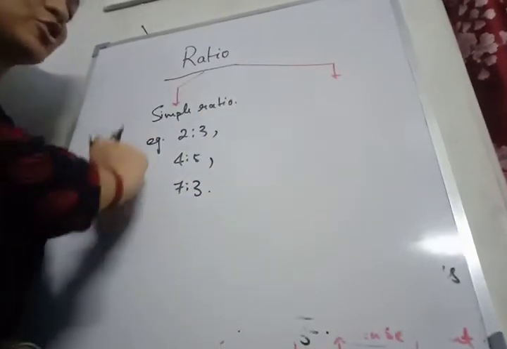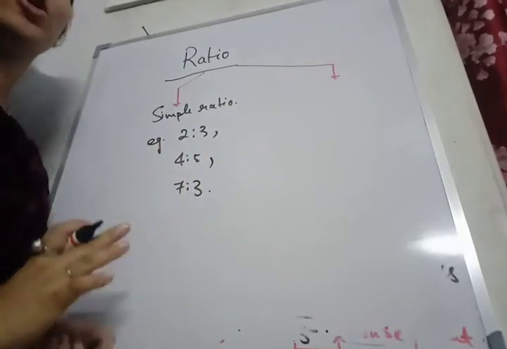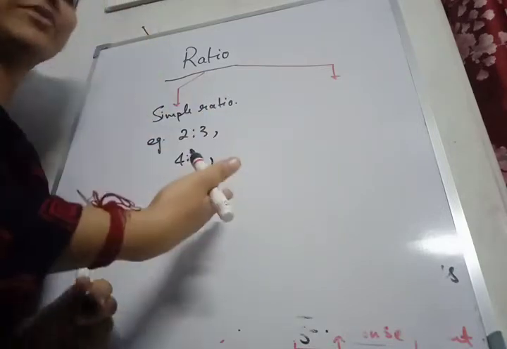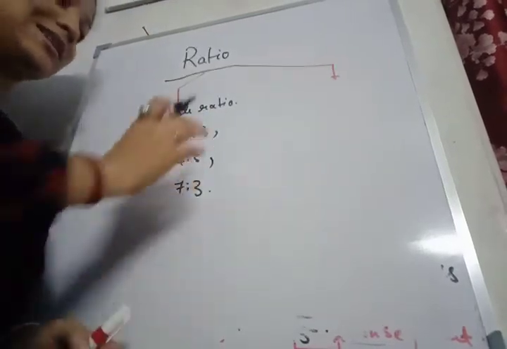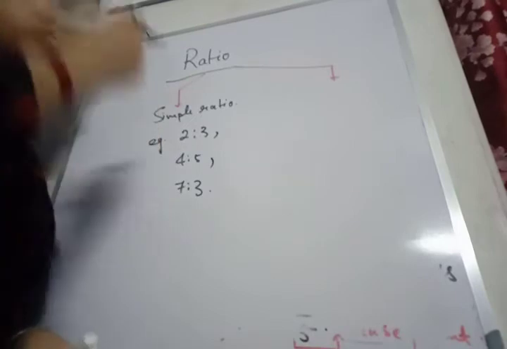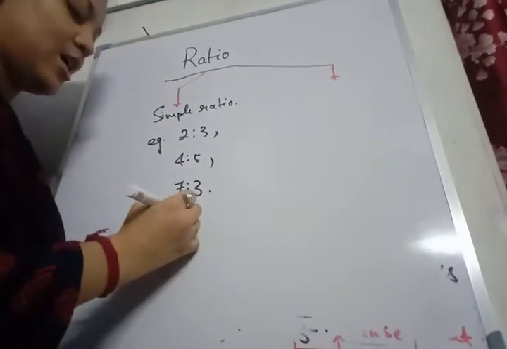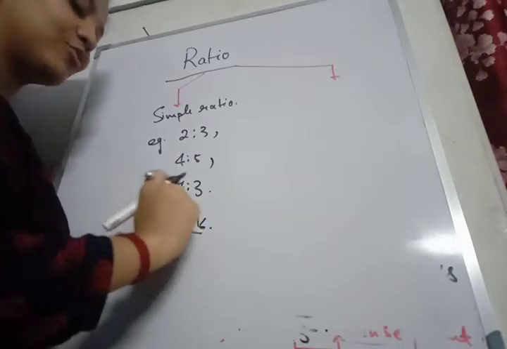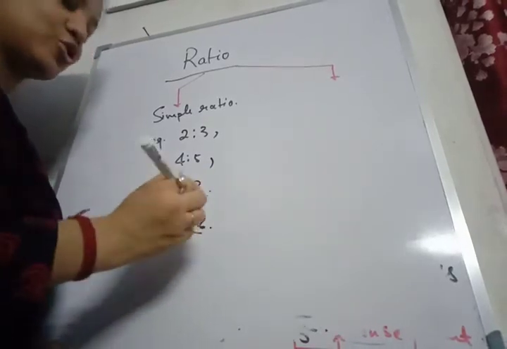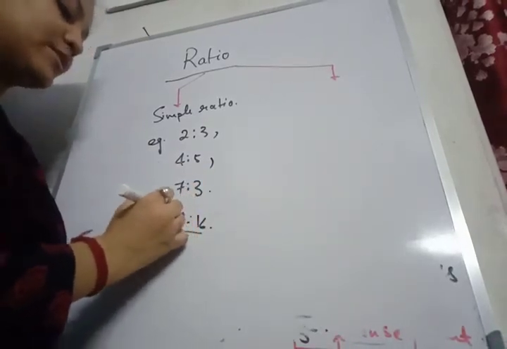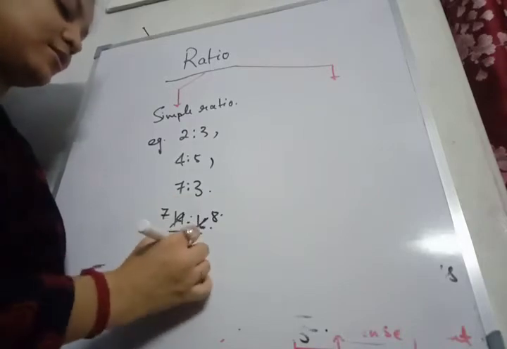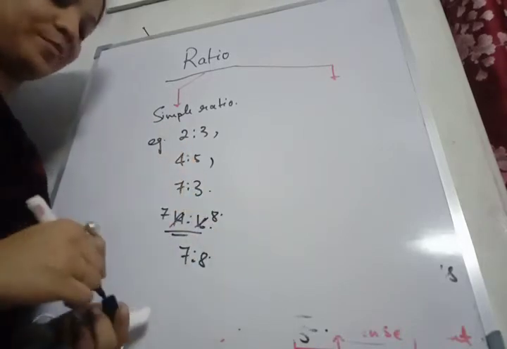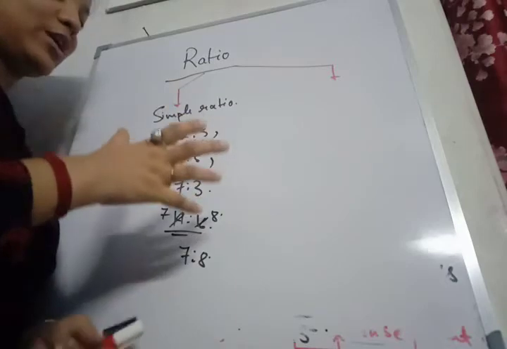These are my simple ratios, meaning these ratios cannot be simplified further, or are not further divisible. If I would have written 14:16, then I have to convert it to simple ratio, because 2 7s are 14, 2 8s are 16. So 7:8 is my simple ratio. I have to take the simple form, okay?